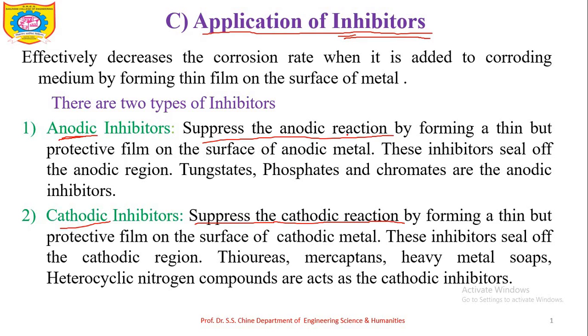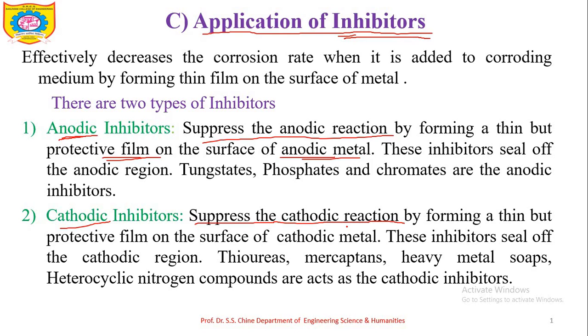Now how does this anodic inhibitor suppress anodic reaction? So it will form a thin but protective film on the anodic metal. As we know, on anode there is oxidation, but it forms the protective film on the surface of anodic metal and it will seal off the anodic region. So there will not be the oxidation reaction and thus there will not be the chances of cathodic reaction. So you can control the corrosion.